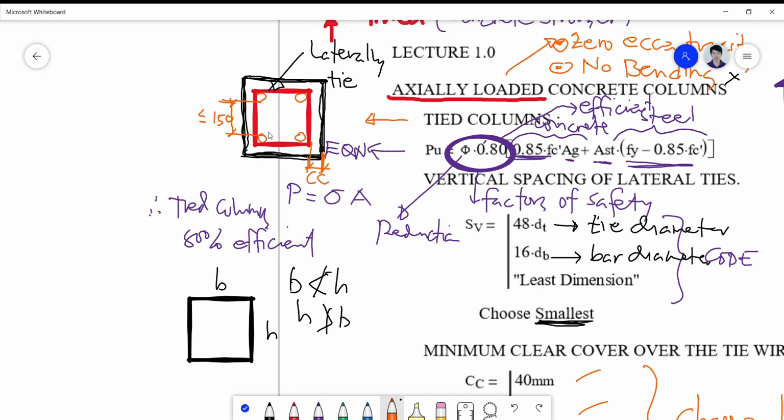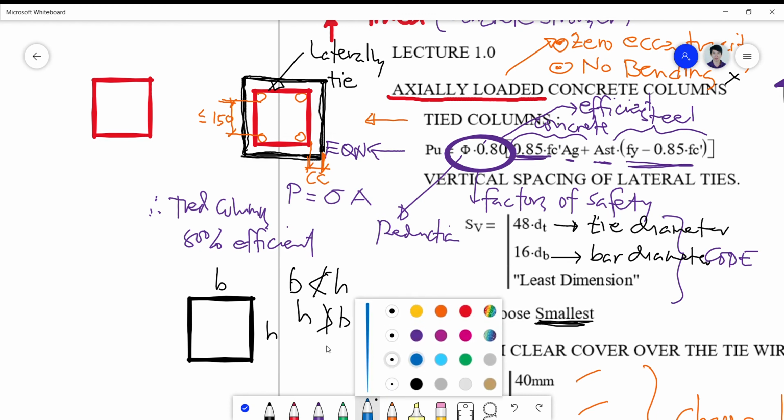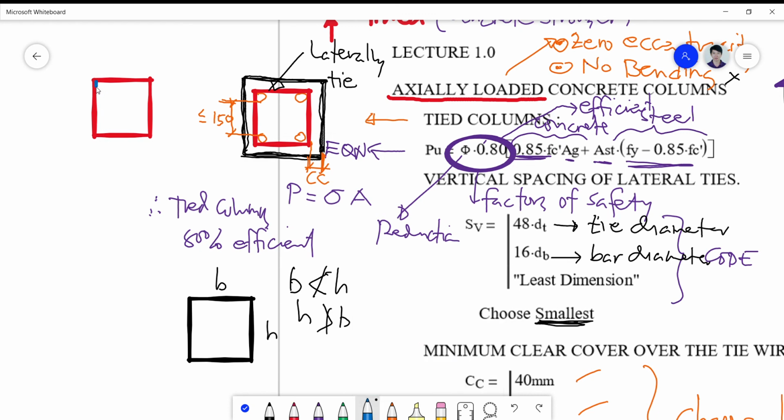So the reason for that, class, we cannot exceed 150 or 6 inches is because what we want to guard against is possible bending of this. So we don't want the stirrups like this to bend in such a manner that it will bend like this.